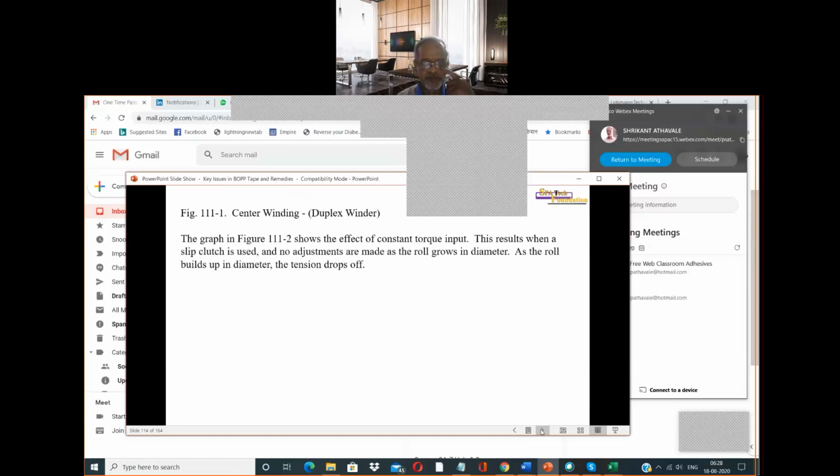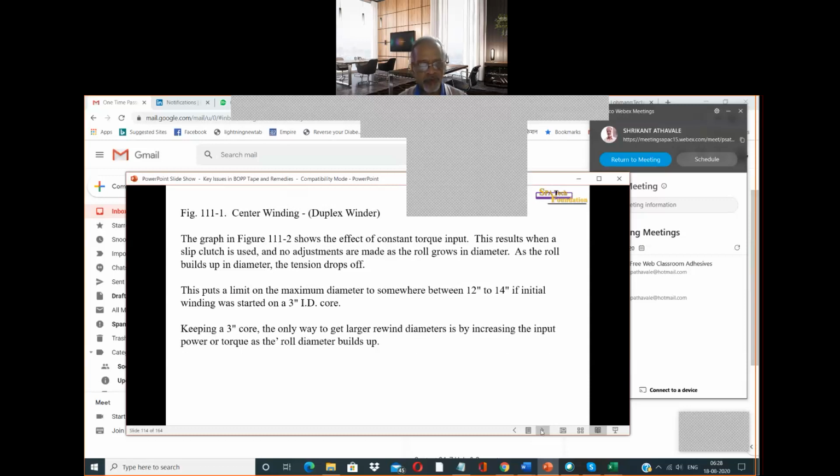Central winding duplex winders, the figure shown earlier is self-explanatory. Generally, 3-inch ID cores are used. The maximum diameters that could be wound on this duplex winder could be 12 to 14 inches, depending upon the type of the machine or the type of system.